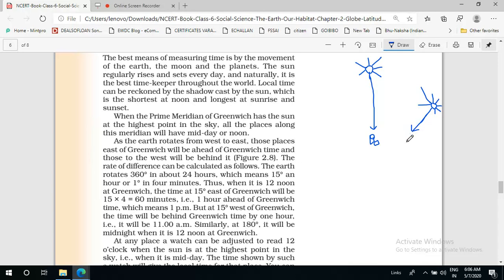In both these situations, the shadow will be longest at the time of sunset and also at the time of sunrise, and people used to know about the time only through the length of the shadow.